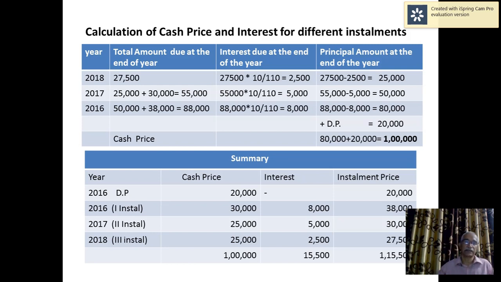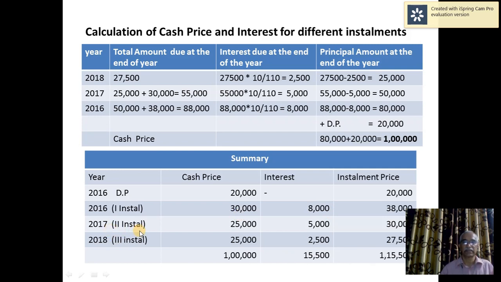It is like this. See, in 2016, the down payment is 20,000, and the installment price is also equal. Then the first installment, here 38,000, and interest is 8,000. You deduct it, so the balance is 30,000 cash price.